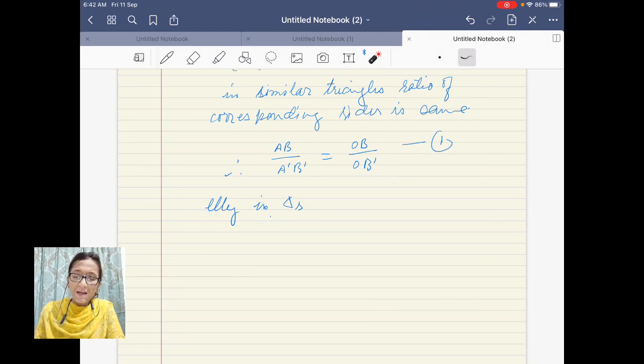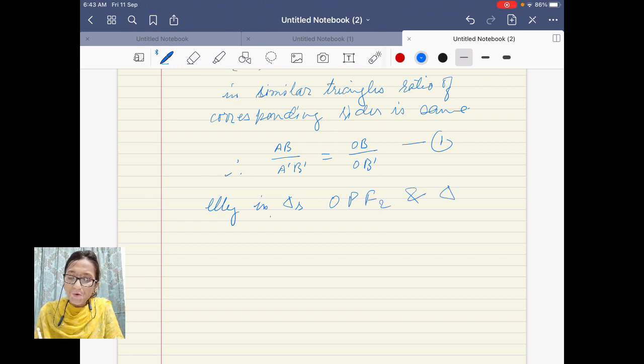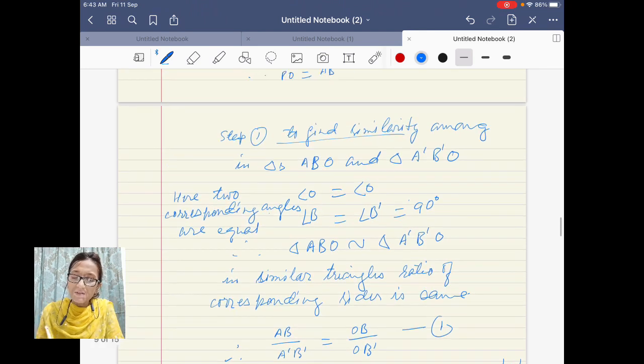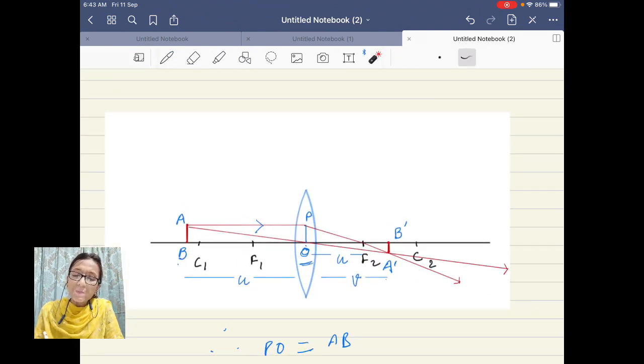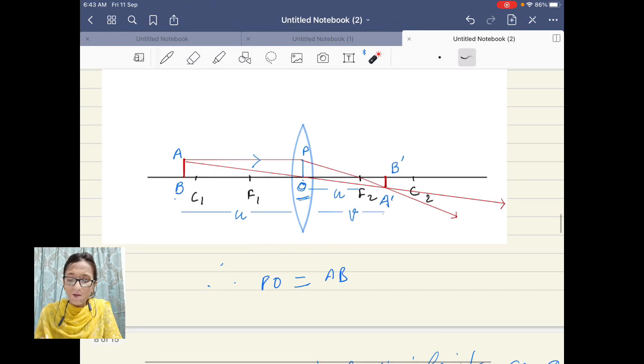So in triangle OPF2 and triangle F2B'A', you find the ratio of sides. Here OP and AB are the two sides of parallel lines, so OP should be written as AB also. OP is equal to AB.